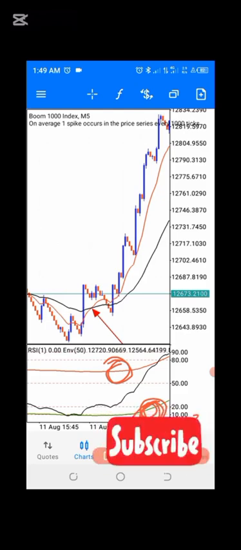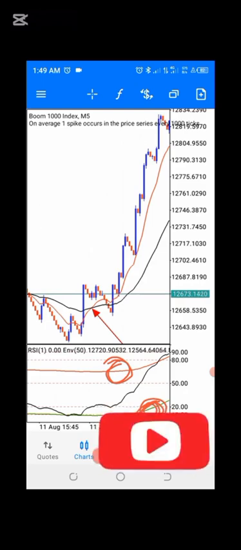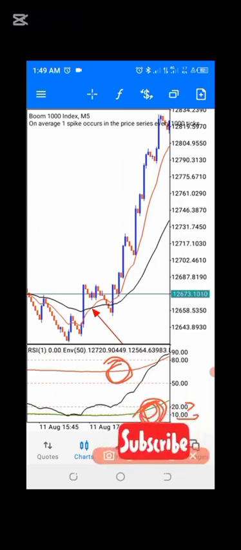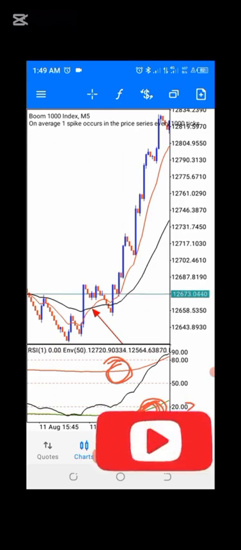But for an aggressive trader, you can actually take it once it's at the 20 level. For a conservative trader, it has to be at the 10 level.